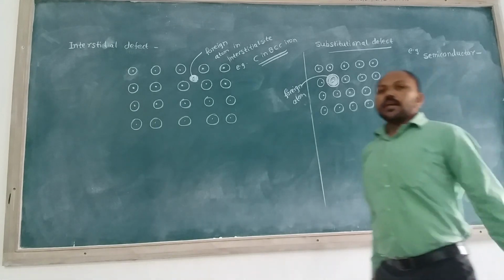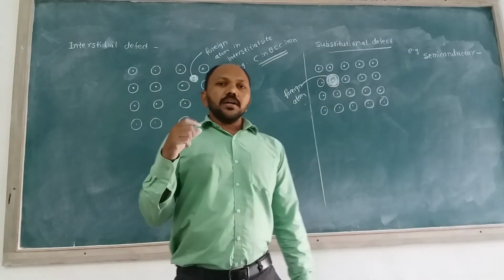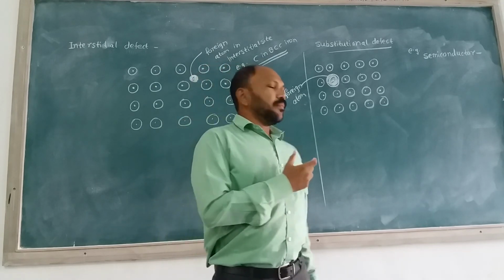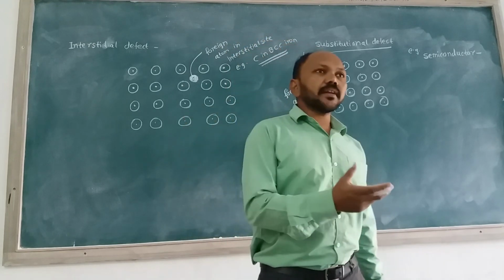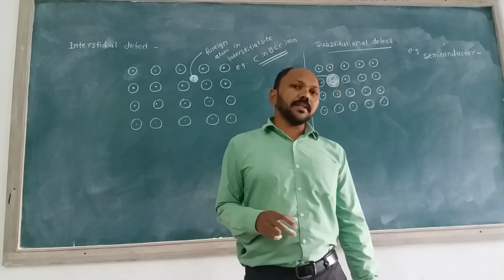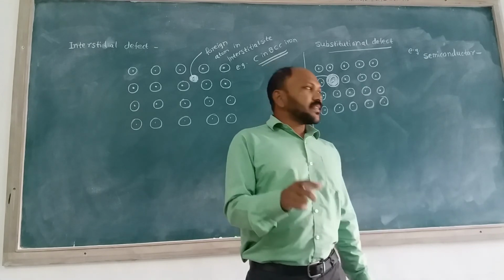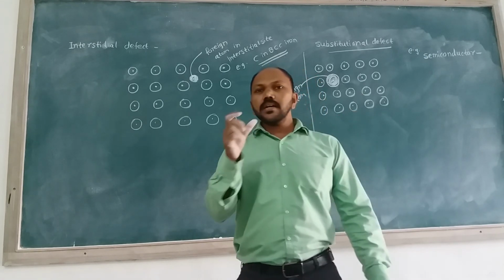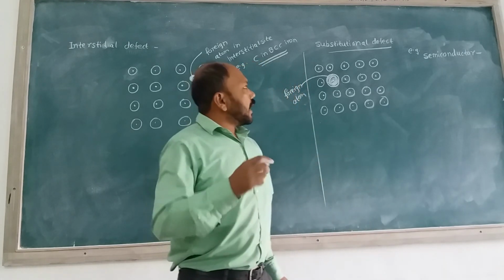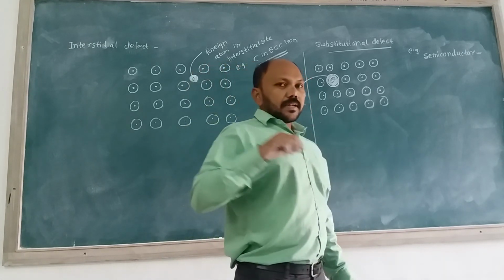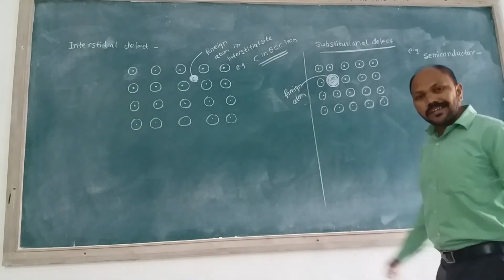We know that semiconductor is a very important material. If semiconductors were not available, then all these computers and internet facilities would not be possible. This semiconductor material is essential for storing data, and this semiconductor is made with this substitutional defect.